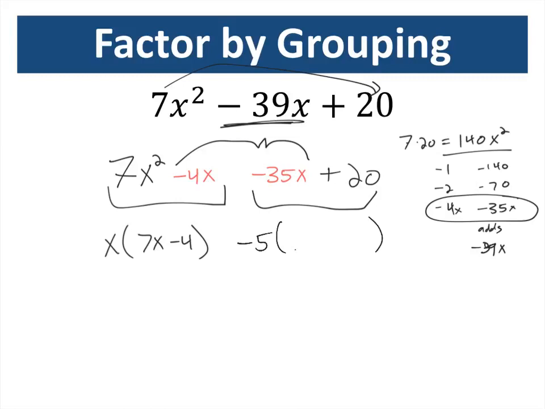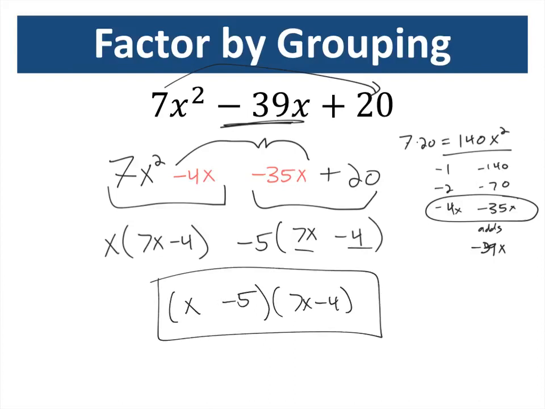Negative 5 times what gives me negative 35? That's 7x. And negative 5 times something is 20, that's negative 4. Oh, look, 7x minus 4, 7x minus 4. We've got 7x minus 4 times something else, that's x minus 5, and this is our final answer. It's kind of neat how it all works together.